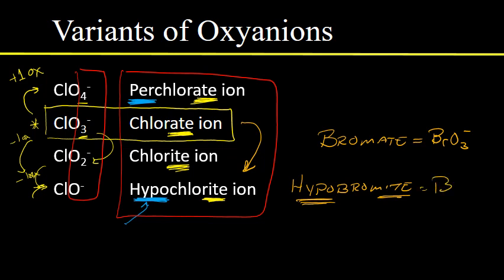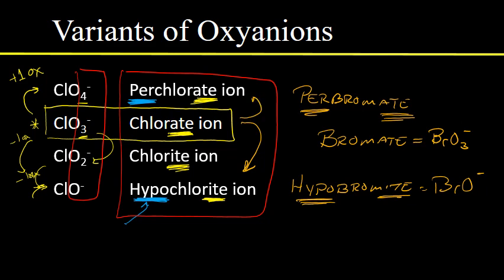Hypobromite then would be BrO minus. And perbromate, we've got the -ate suffix and the per in front of it.